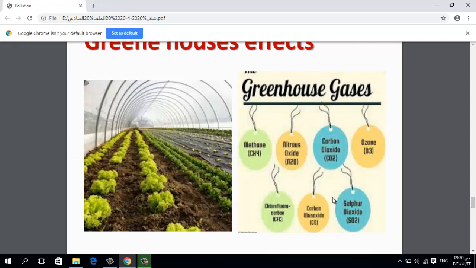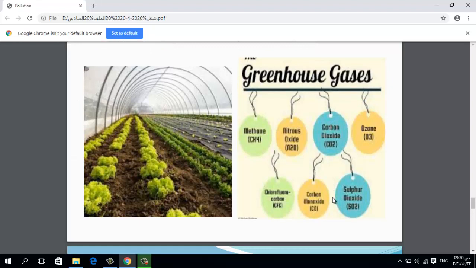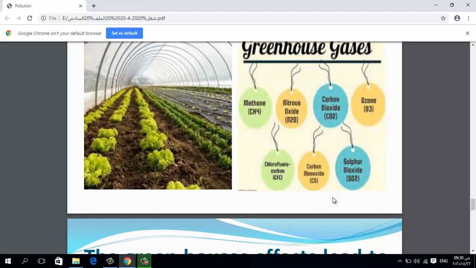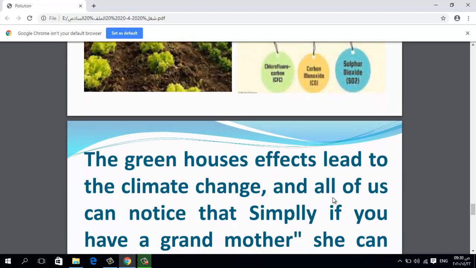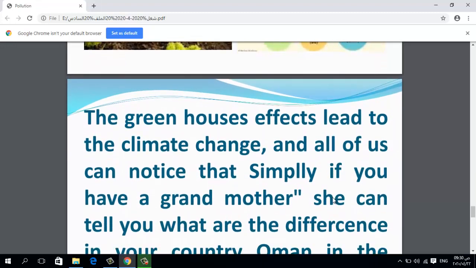I'll concentrate on both, methane and carbon dioxide, side by side with ozone. You know about ozone, you heard before about carbon dioxide, even methane. But now let us see their effect.